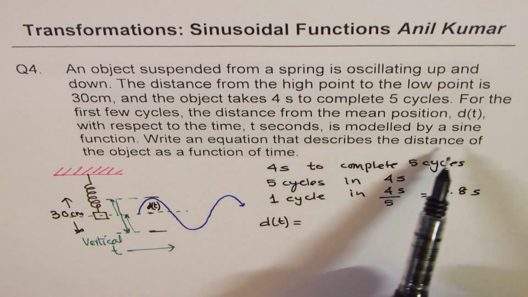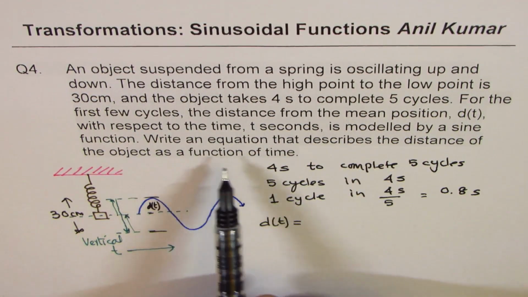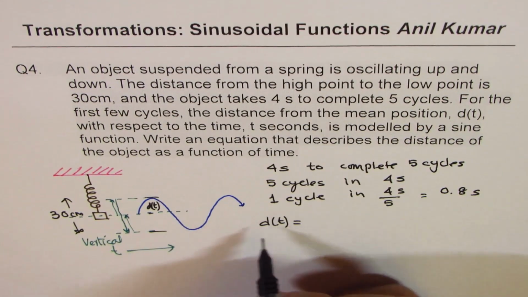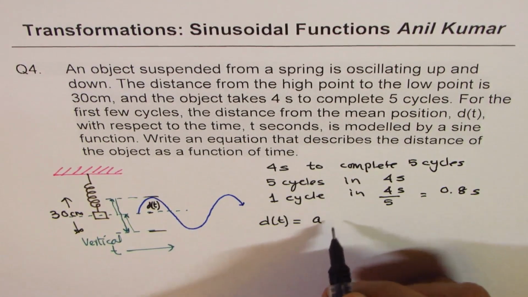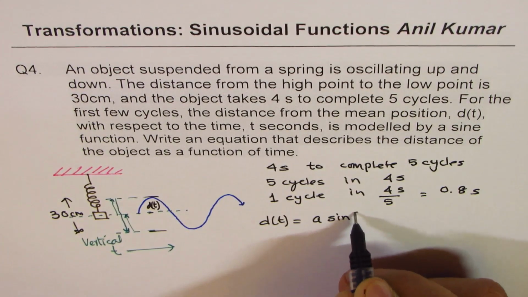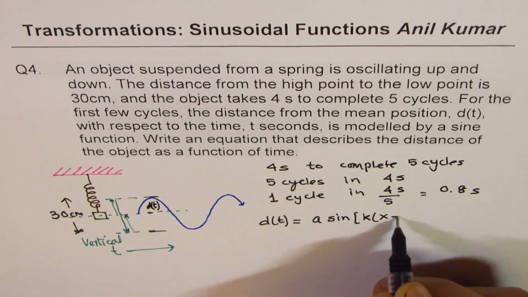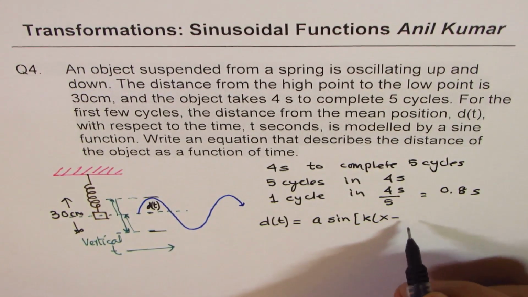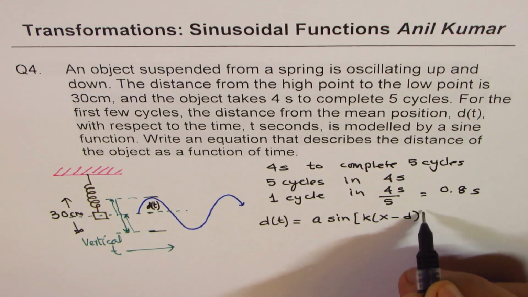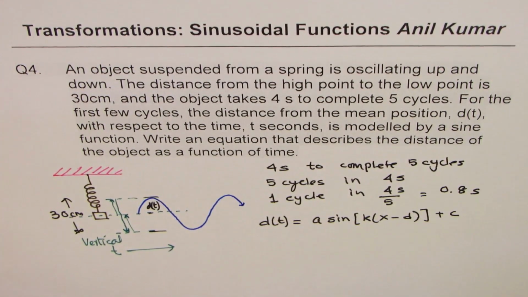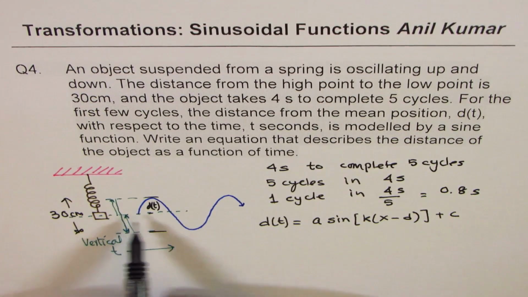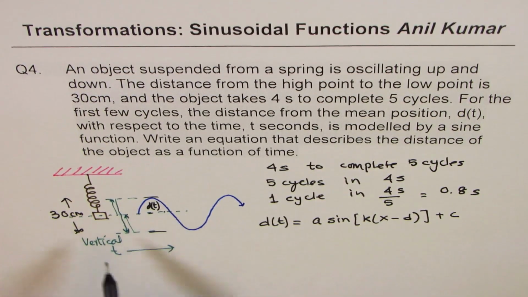Write an equation that describes the distance as a function of time. Straightforward, right? Generally, we could always write this as a sine of k(x minus phase shift), normally using the letter d, plus c.